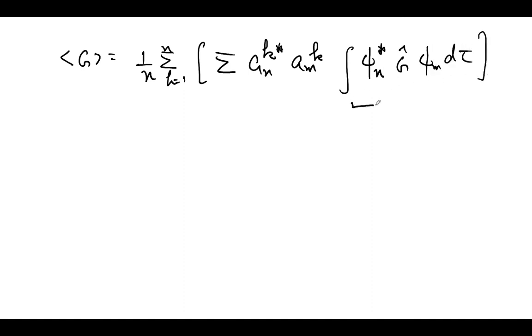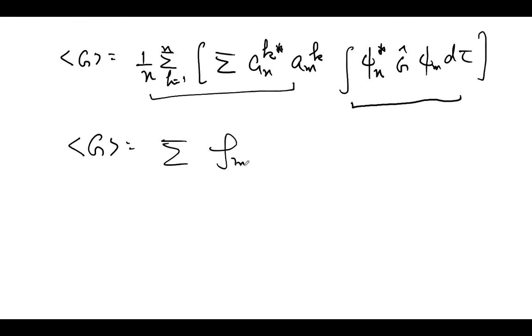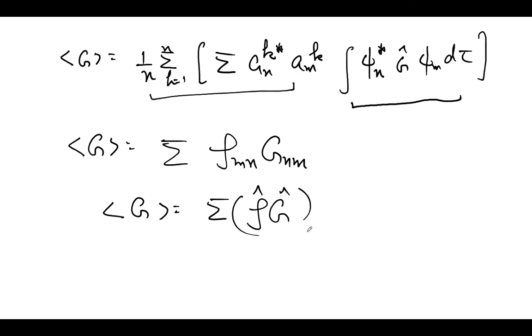So this is the Hermitian operator. This becomes our density function rho mn into G nm. So this operator G can be represented in terms of the rho operator and G operator, which is generally known as the trace of rho and G.